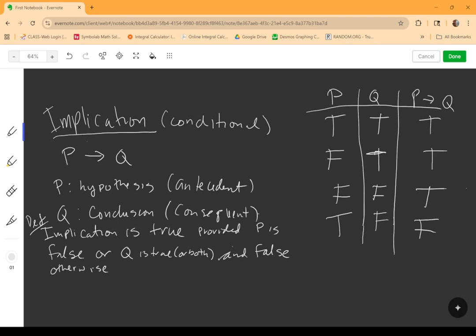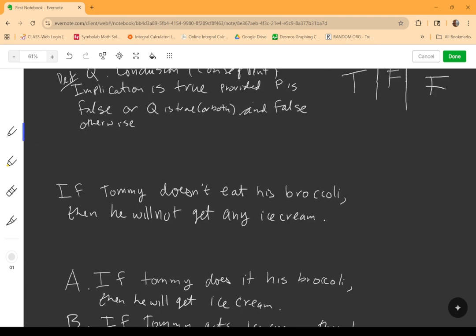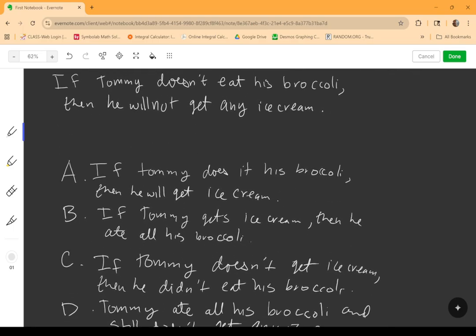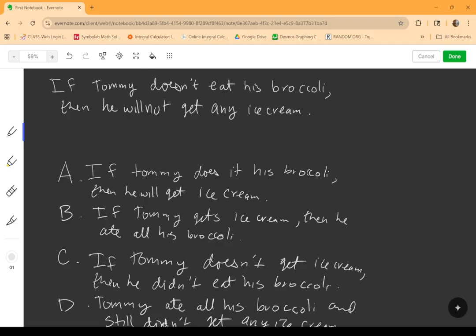Now, to get us started, let's take a look at this statement. If Tommy doesn't eat his broccoli, then he will not get any ice cream. I want to know which are equivalent.